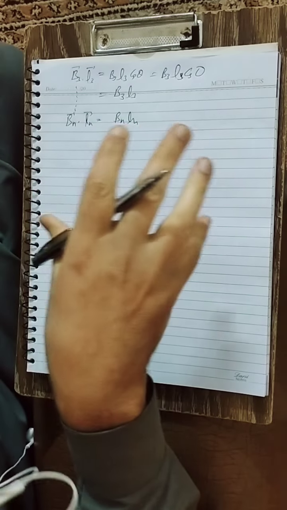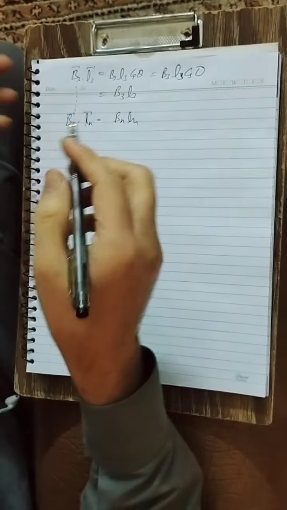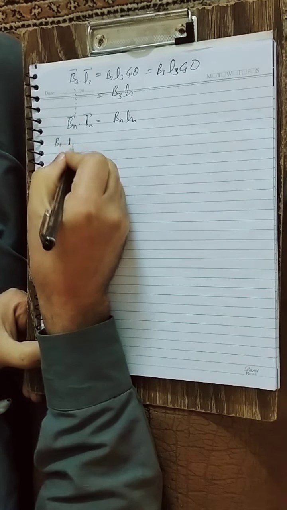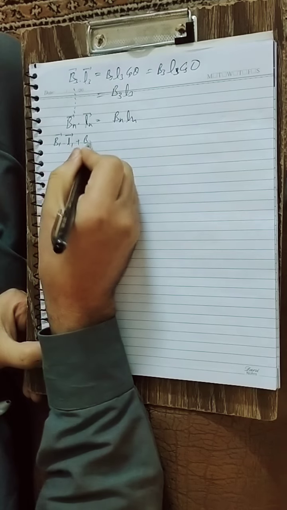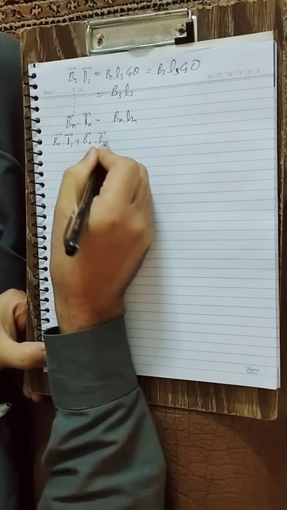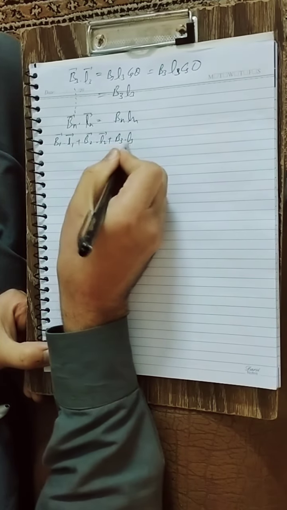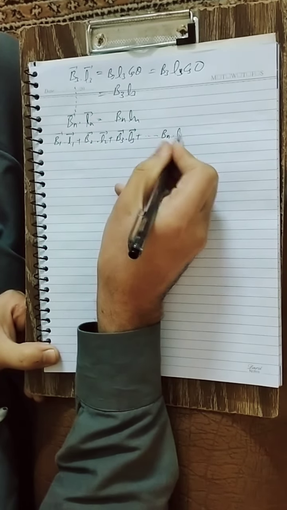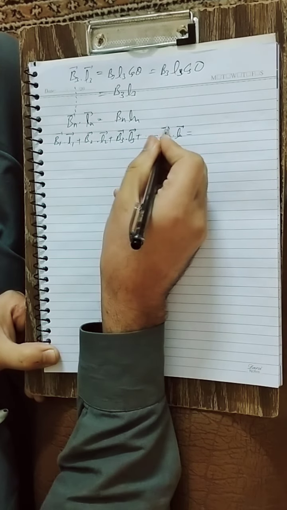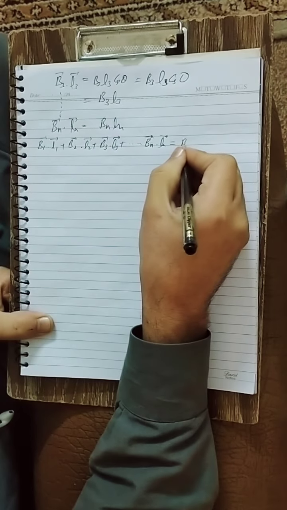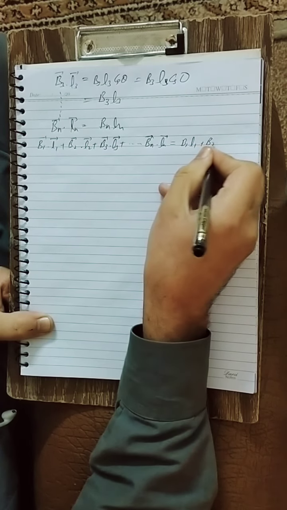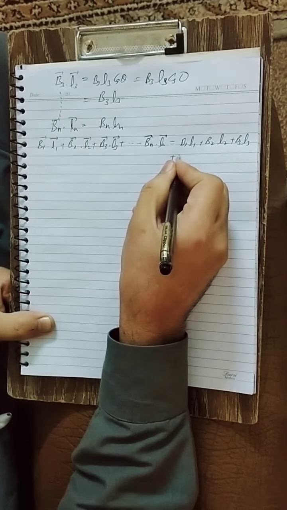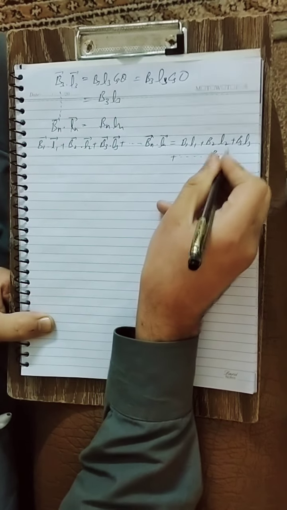Now I am going to find the total projection of the magnetic field on the Amperian loop, so I should sum it. Look here: B1 dot L1 plus B2 dot L2 plus B3 dot L3 up to Bn dot Ln. Now I am going to add the right hand side: B1 L1 plus B2 L2 plus B3 L3 plus up to Bn Ln.